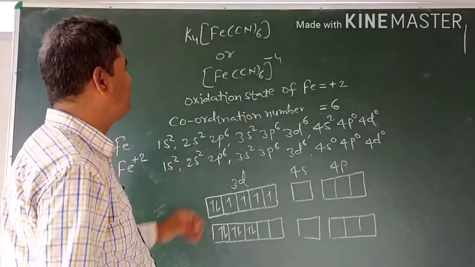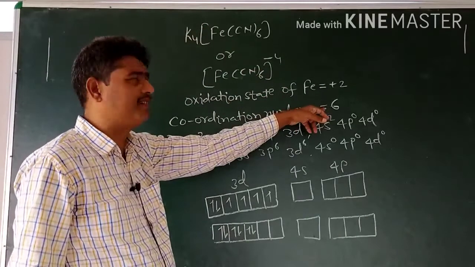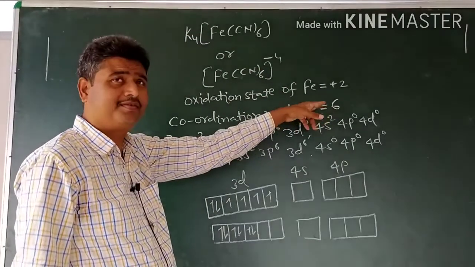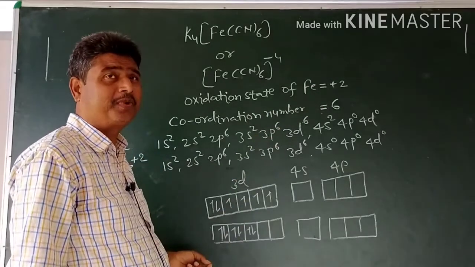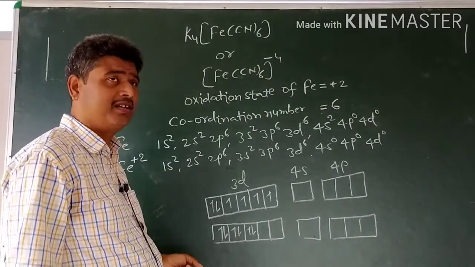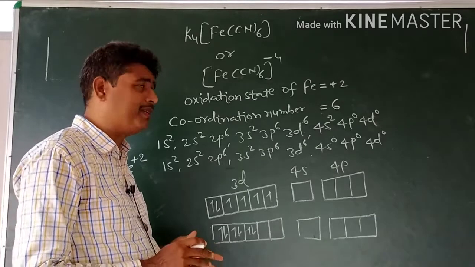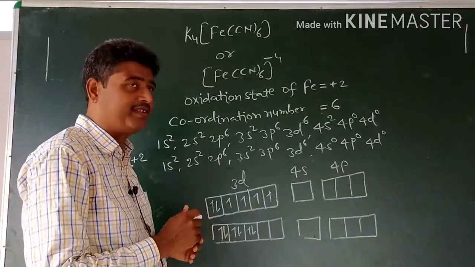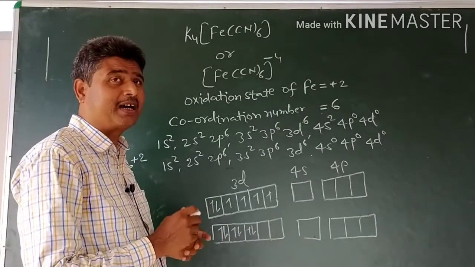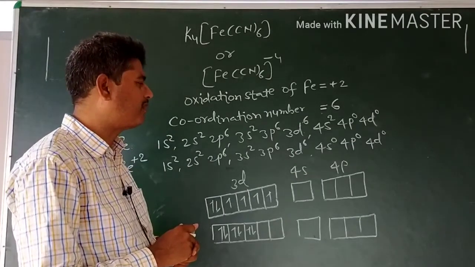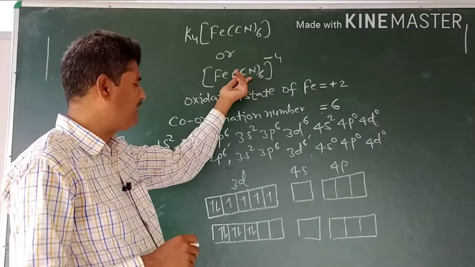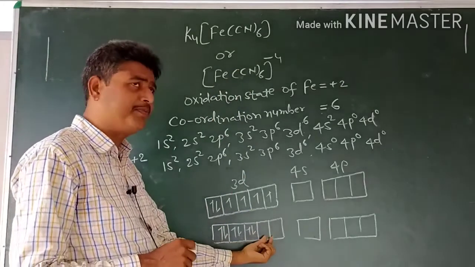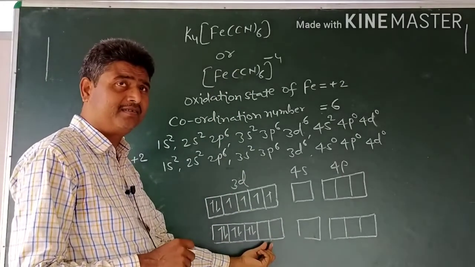Now mind here that the coordination number is 6. It means we need 6 vacant hybrid orbitals. We have to mix 6 pure orbitals. Due to the effect of the strong ligand, 2 d orbitals become vacant.